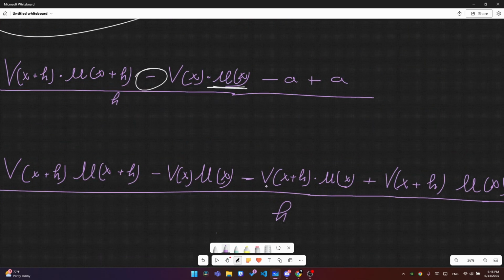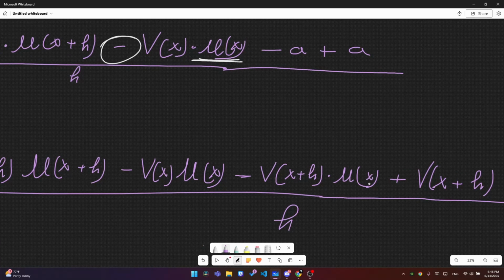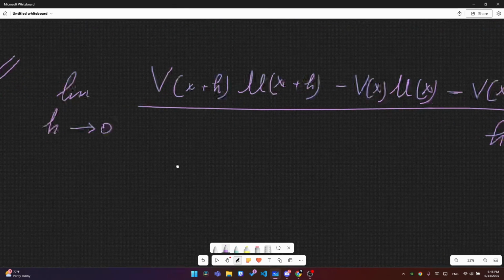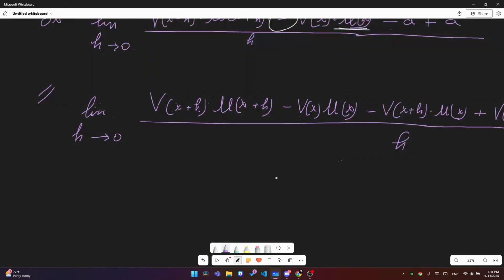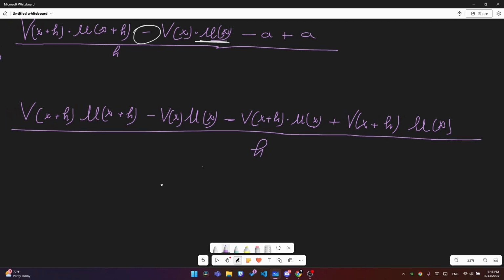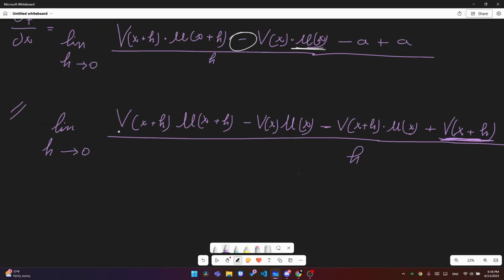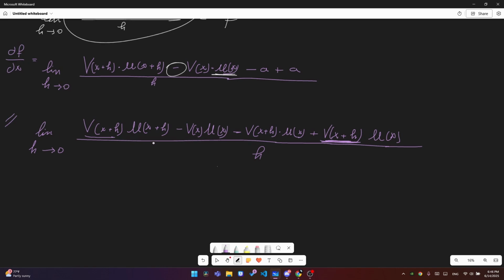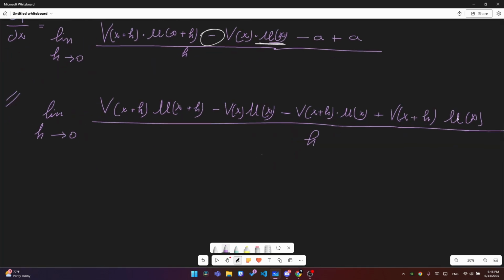Now, the thing I want to do first here is move these two. Actually, I don't have to move them both, but I can write them. We can also differentiate this u sub x right here, if we factor out these, v of x plus h. So I'm going to rewrite this part right here first.